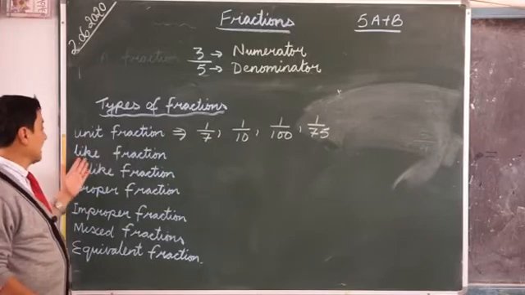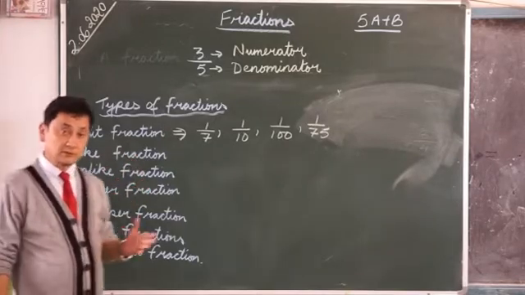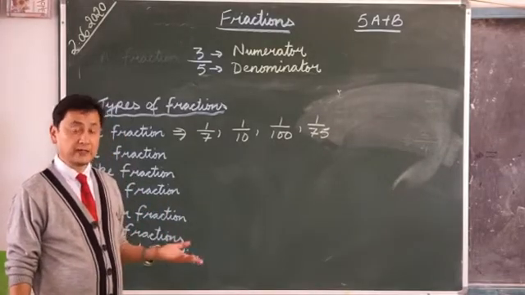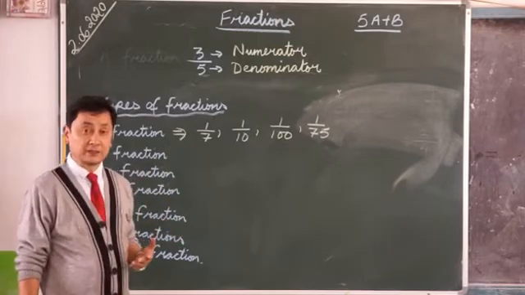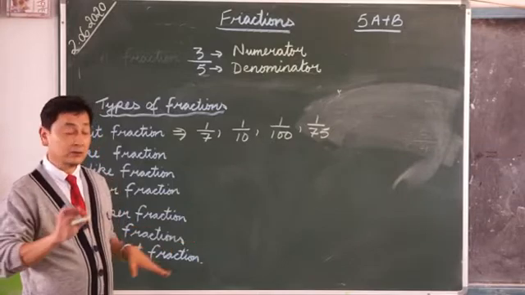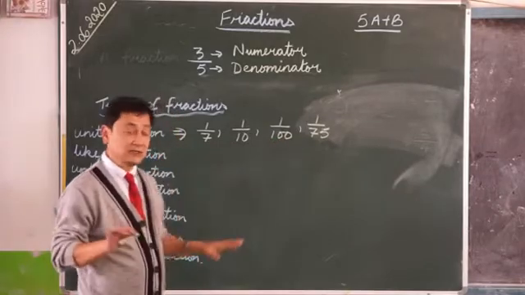Now let's go to like fraction. In like fraction, the numerator can be smaller or bigger than the denominator. But the denominator has to be the same. Not like this, 7, 10, 100, 75. It has to be the same.